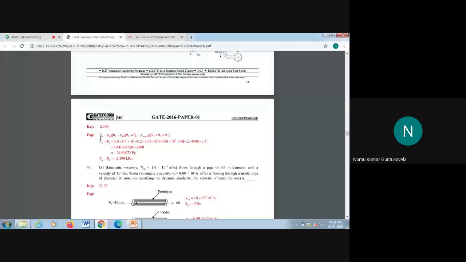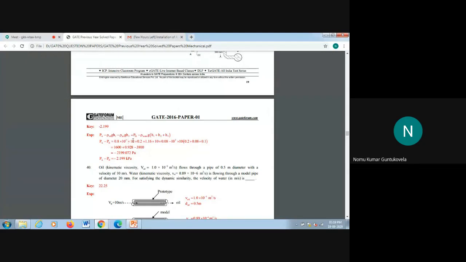For mass density we have specific gravity into weight density. Specific gravity is 0.8 and weight density is 1000. The height is 10, and here we have 0.2 as H2. And g is 9.81, but they have taken the round figure as 10.